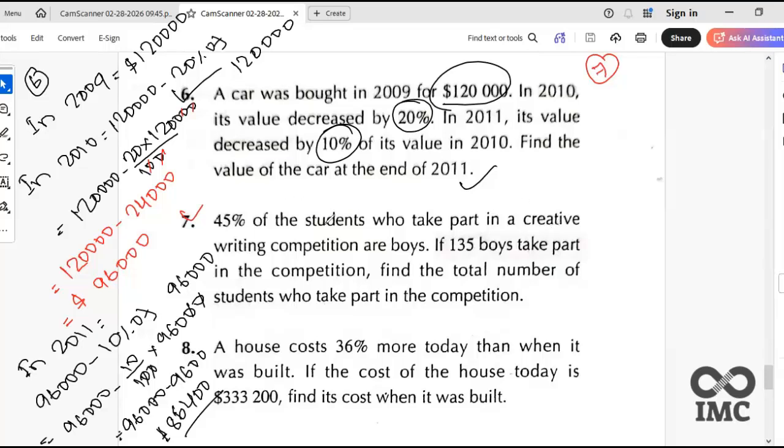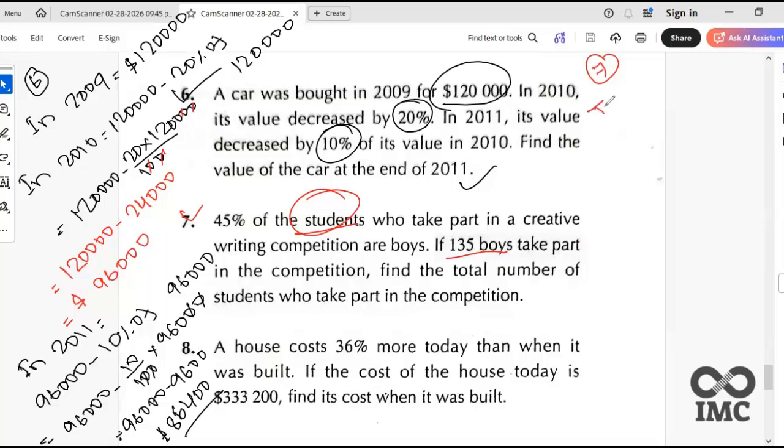Number 7. Number 7 says 45% of the students who take part in a creative writing competition are boys. So 45% of the total students. Okay. If 135 boys take part in the competition, that means 45% of students means 135 boys. Now the question asks to find the total number of students who take part in the competition.